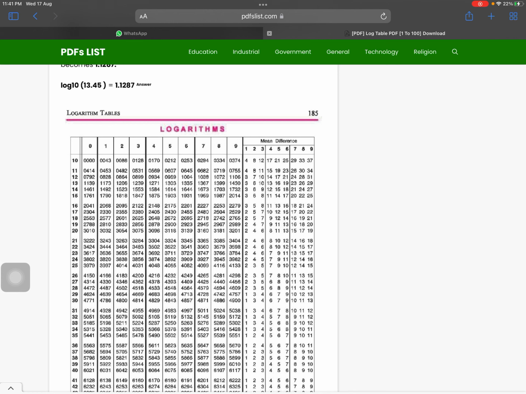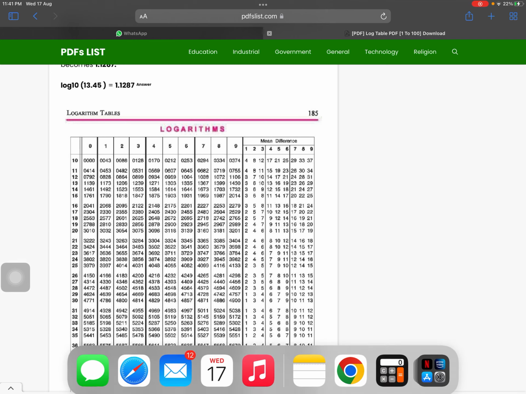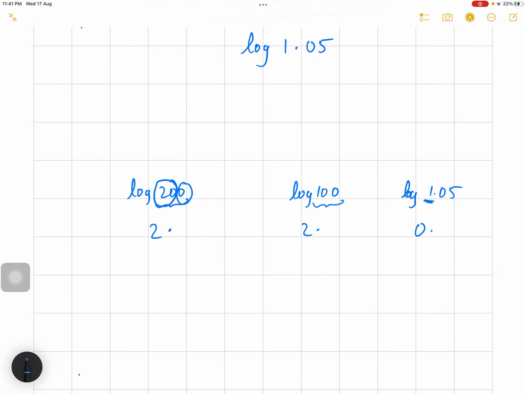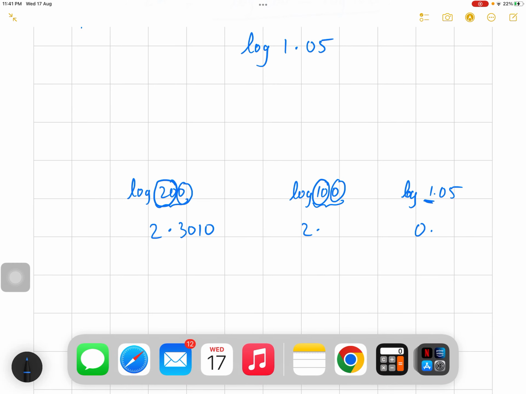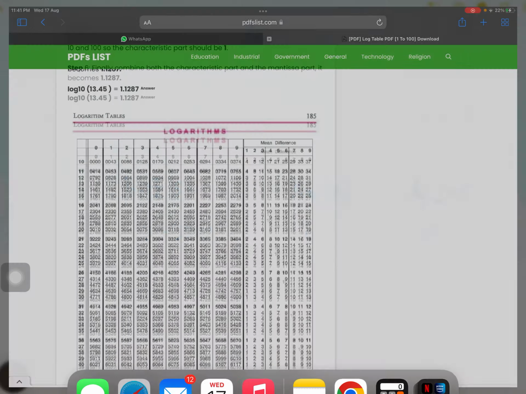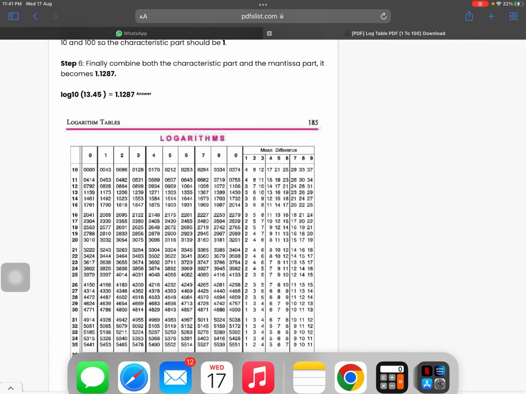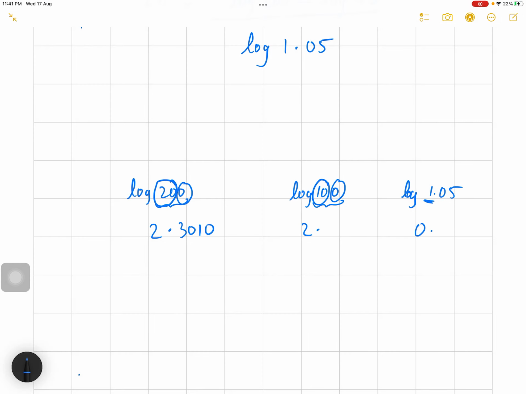Let's go to the log table. Row 20 column 0 is 3010. The mean difference is 0. Row 10 column 0 is 0000, that means 2 only.